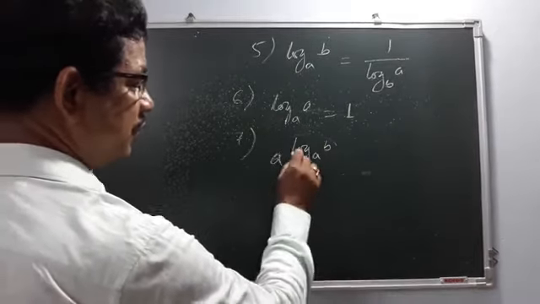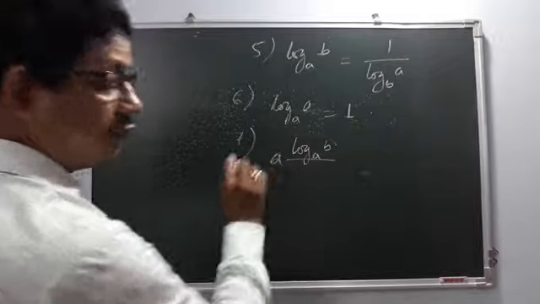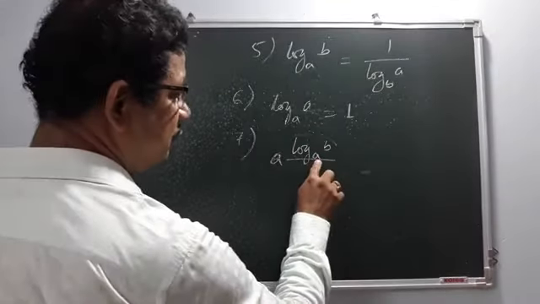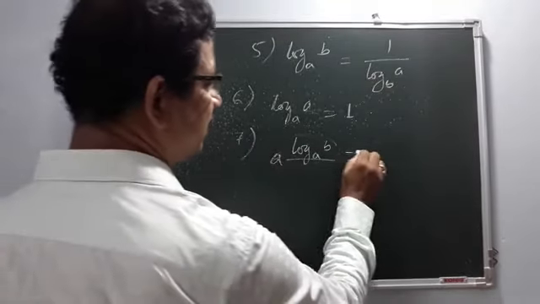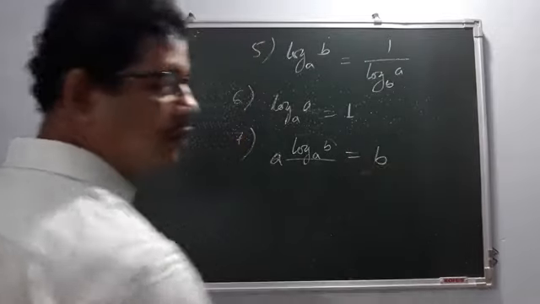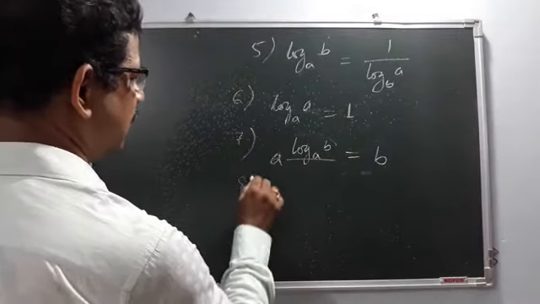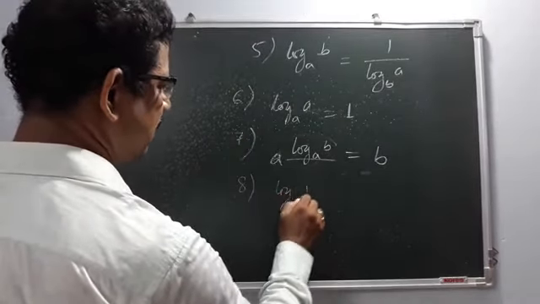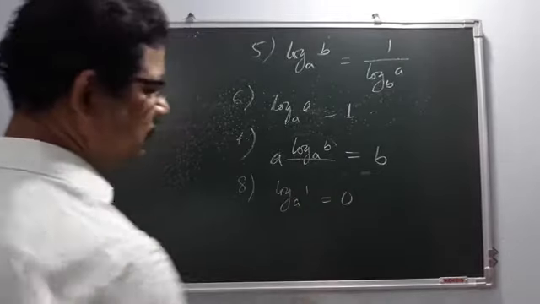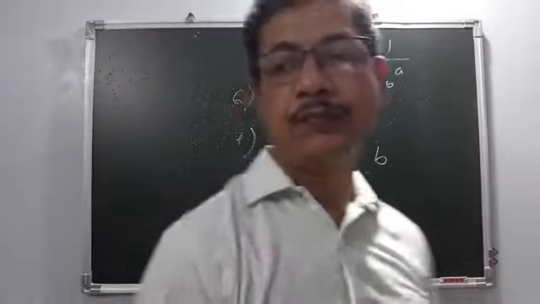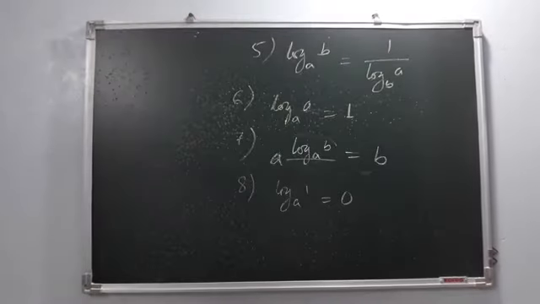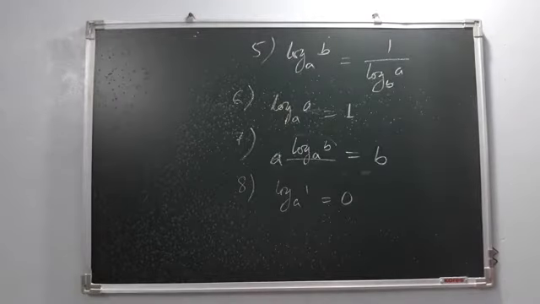If the base of log is also a, then the answer will be only b. And the last one, it is no need to say, but I am telling you, logarithm of 1 is always 0. So these are the things we are using for log.